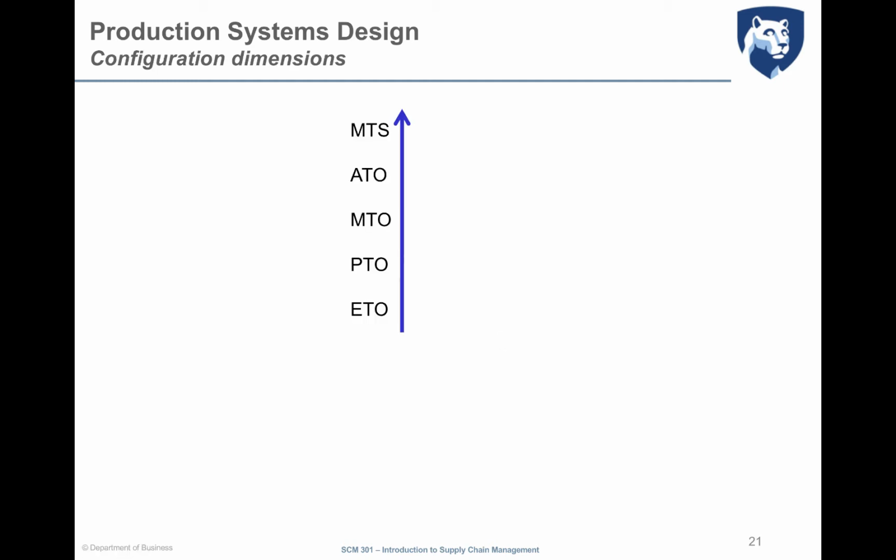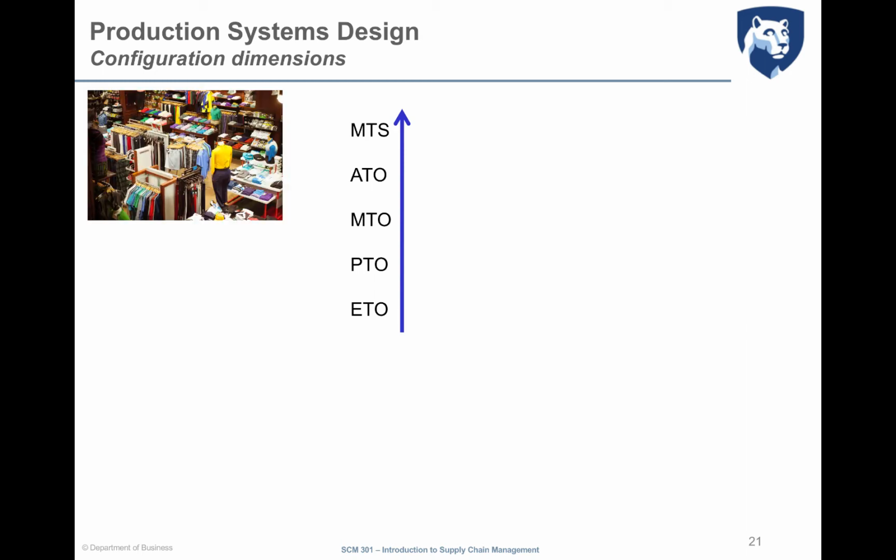Let's conclude this part by putting together some configuration dimensions that can be used to classify production systems from a managerial perspective, according to what we have seen until now. So the first configuration dimension is the way that you use to manage the delivery lead time, from engineer to order to make to stock. Example, make to stock, again, clothing.